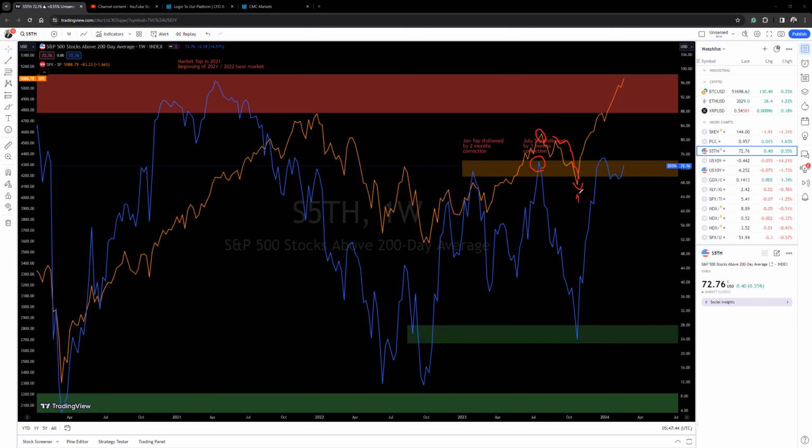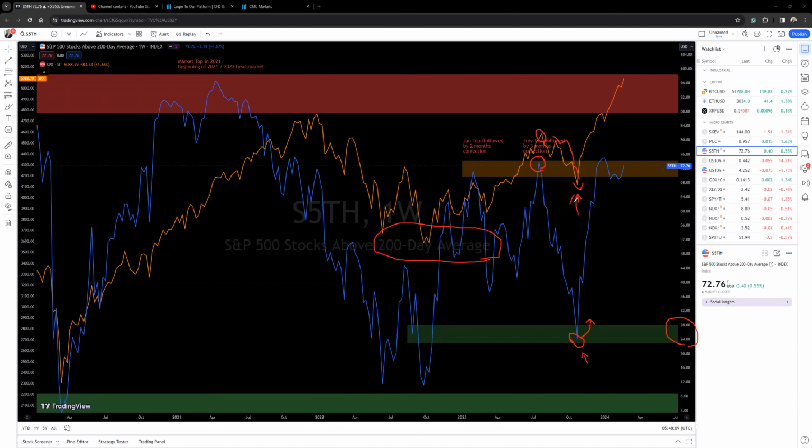For example, last October, market breadth went to a pretty negative reading here. So 24 to 28 is pretty negative, and this means the breadth, or stocks above the 200 moving average, is pretty low. And this means the market is pretty close to a bounce or at least a bottom, which was the case in October.